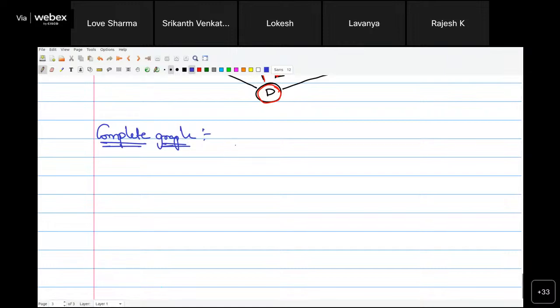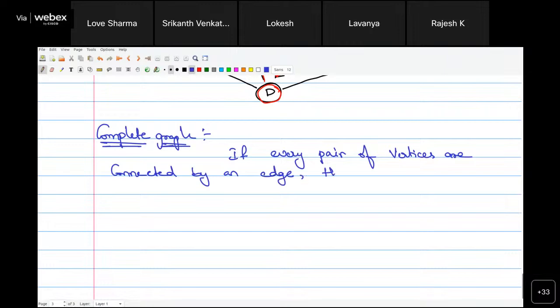So formally, if every pair of vertices are connected by an edge, then it is called a complete graph.